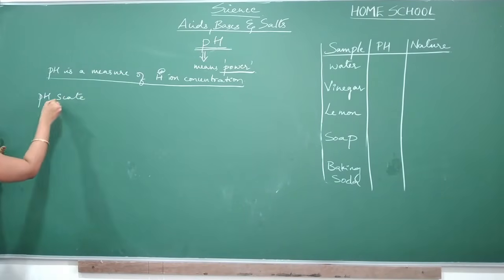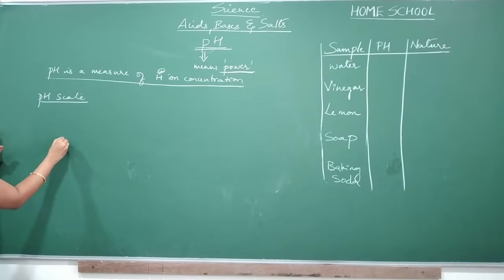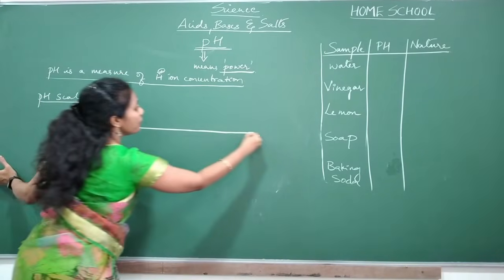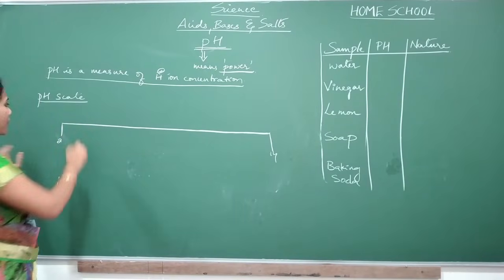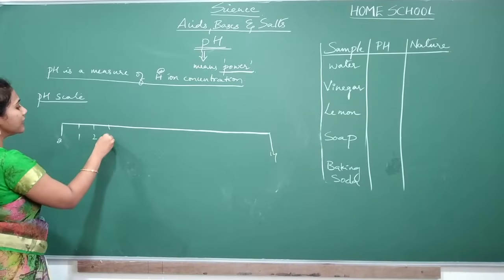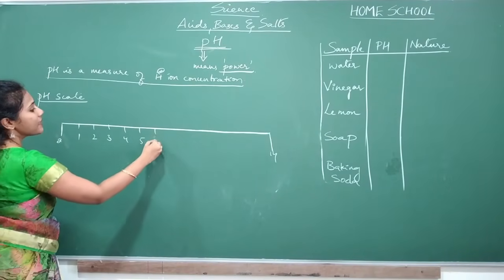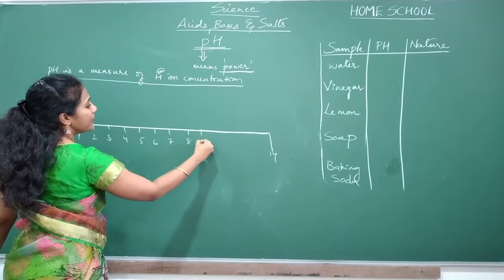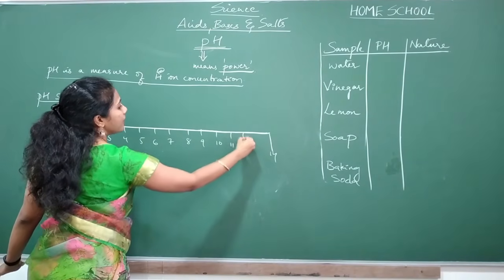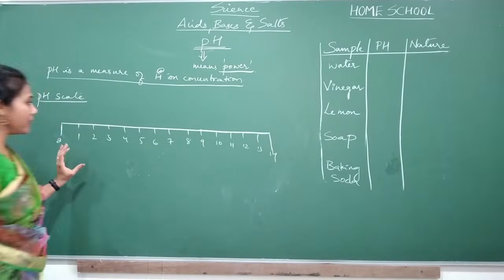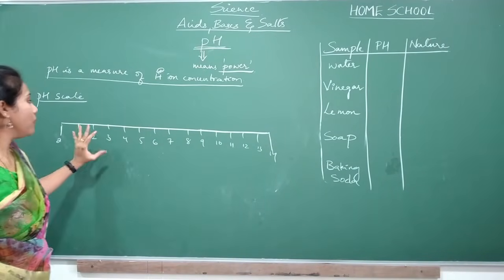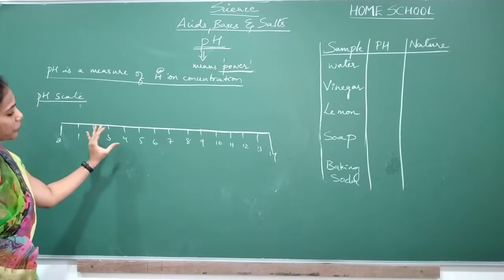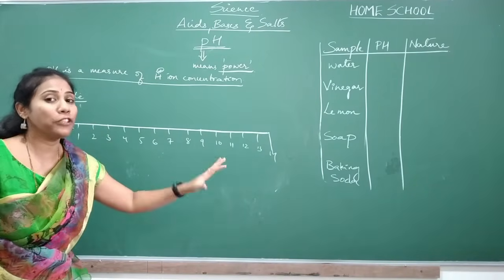The pH scale has numbers ranging from 0 to 14: 1, 2, 3, 4, 5, 6, 7, 8, 9, 10, 11, 12, 13, 14. It's a kind of scale, and such a scale we call the pH scale, which helps us measure how much pH there is.